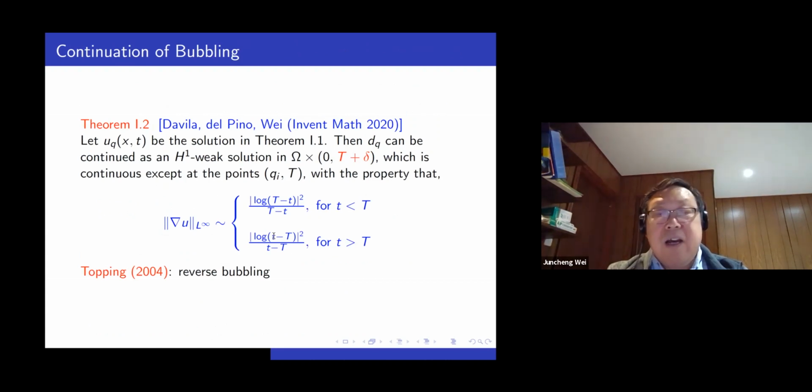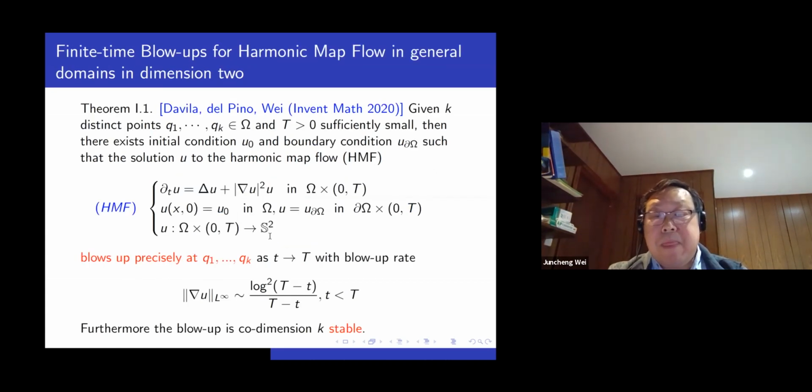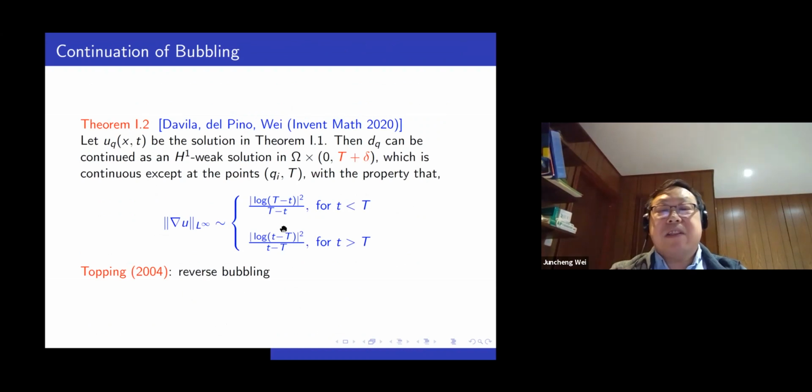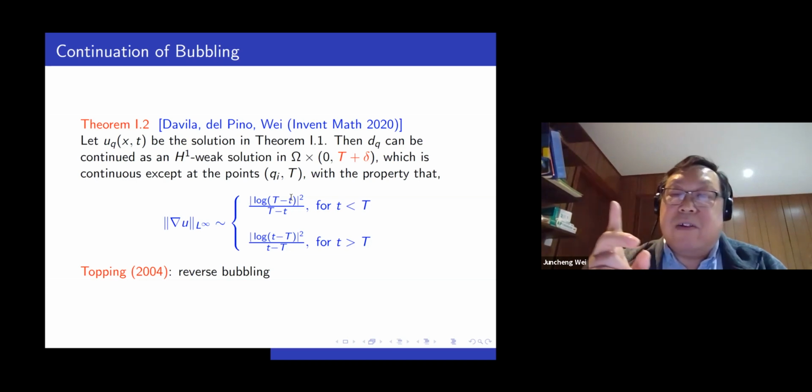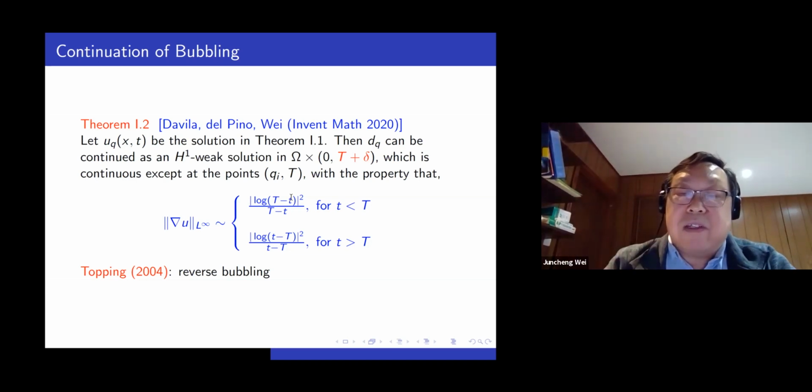And after we have the first blob, the next question is, can we continue the blob? And the answer is yes. We prove in the same paper that you can continue the blob without changing the topology of your solution.